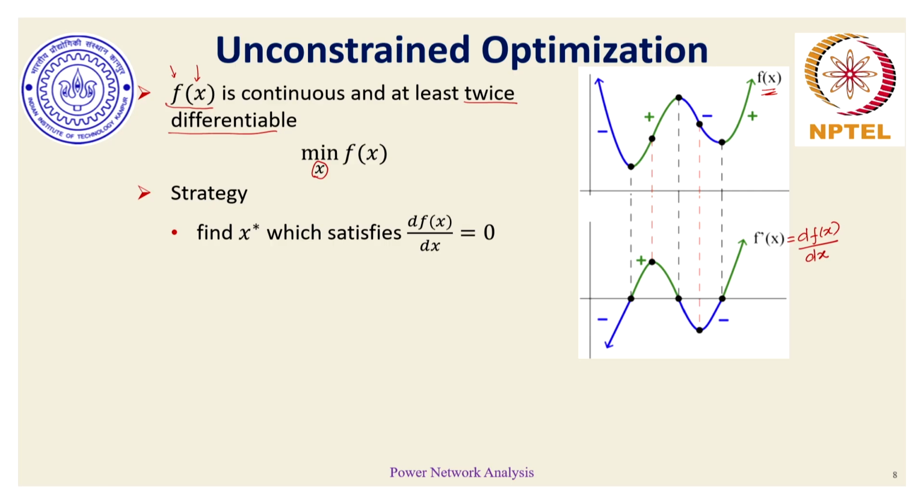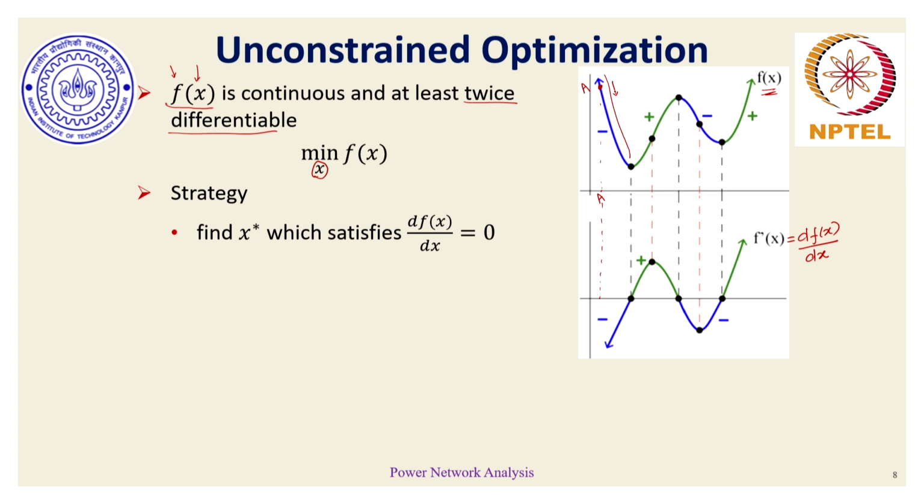So if we think about what this df by dx is from the first principles of calculus, df by dx is nothing but the slope of function f at different values of x. So let's say we focus on this blue part of f of x. If we choose one particular point, let's say point number a, and from a we tend to move along the curve, let's say downward along the curve.